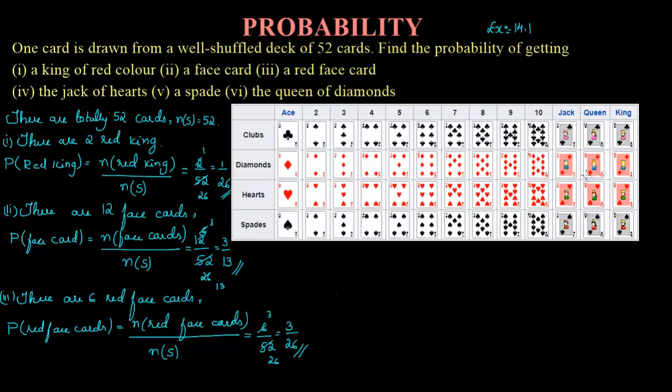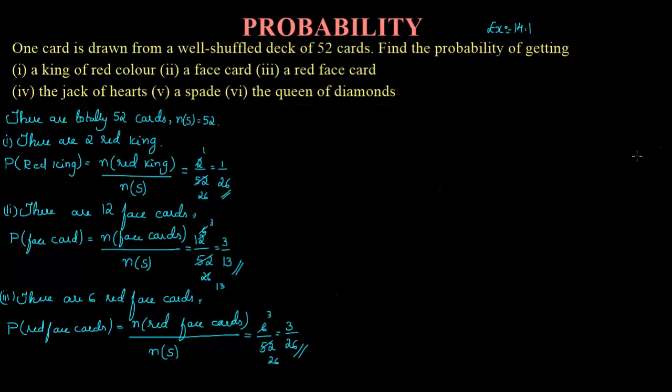So you need to come to jack and go to the heart row. So it is only one card, right? So let me write here, there is one jack of heart.